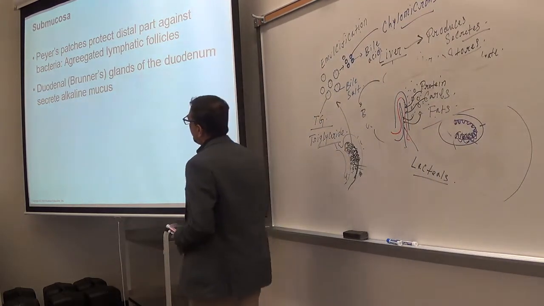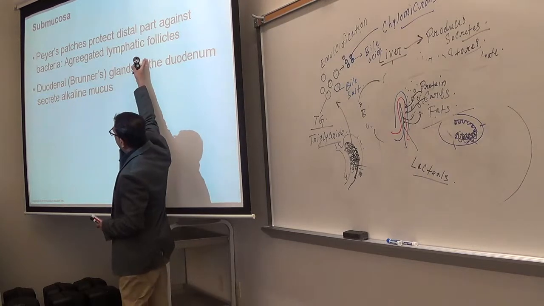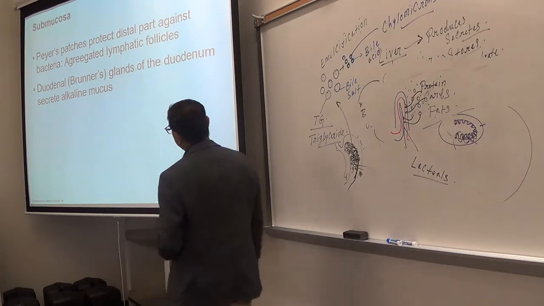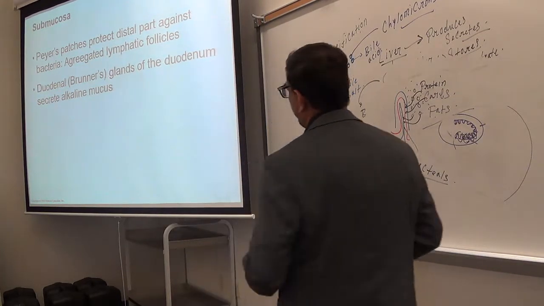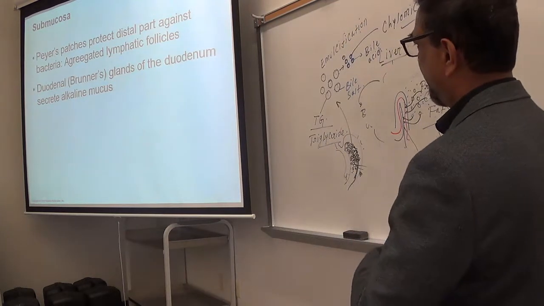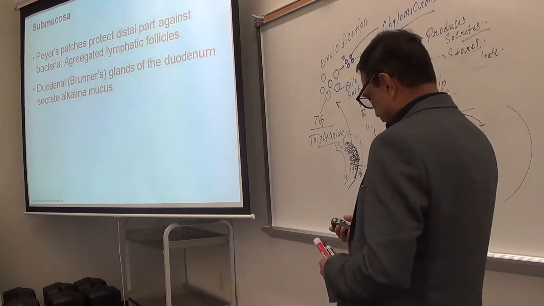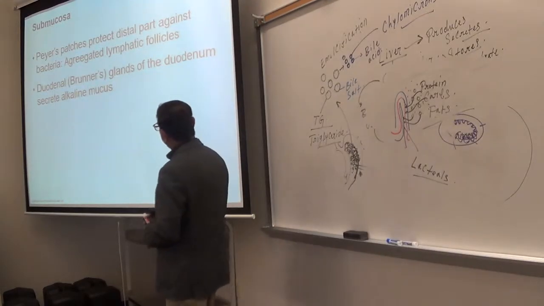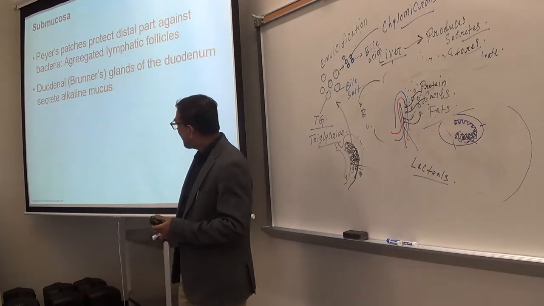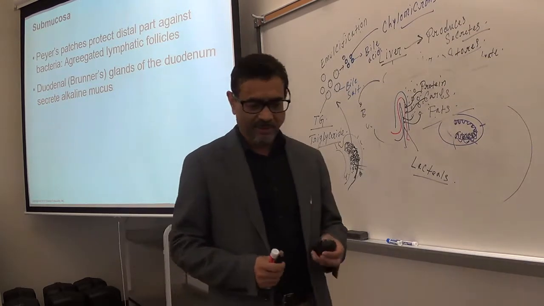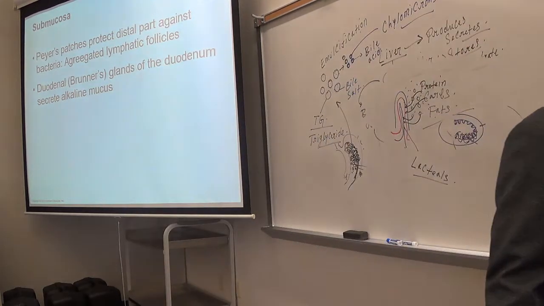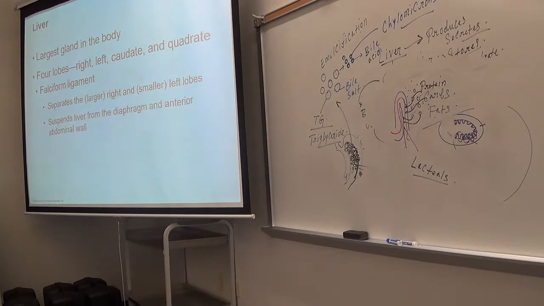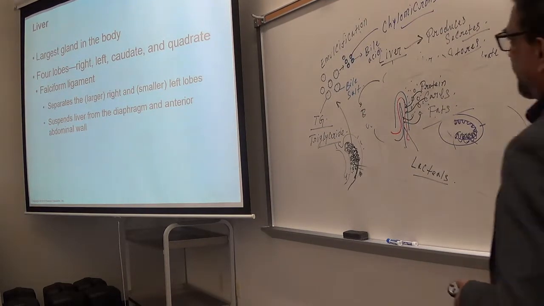Those are called Peyer's patches, aggregated lymphoid follicles in the distal part of the small intestine. In the wall of the duodenum, you have Brunner's glands that secrete alkaline mucus. So that is the small intestine.